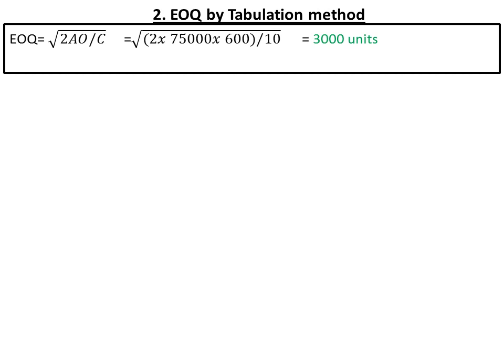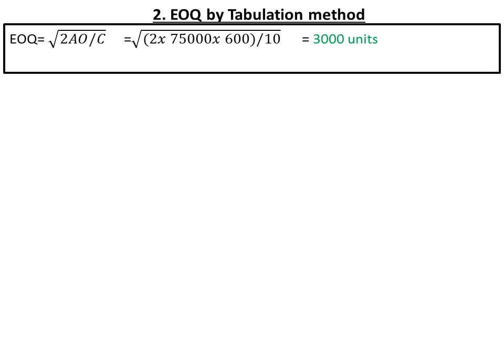So first of all, you have to calculate the EOQ by formula method, that is under root 2AO upon C. I have already told you that the values of A, O and C are given in the question.